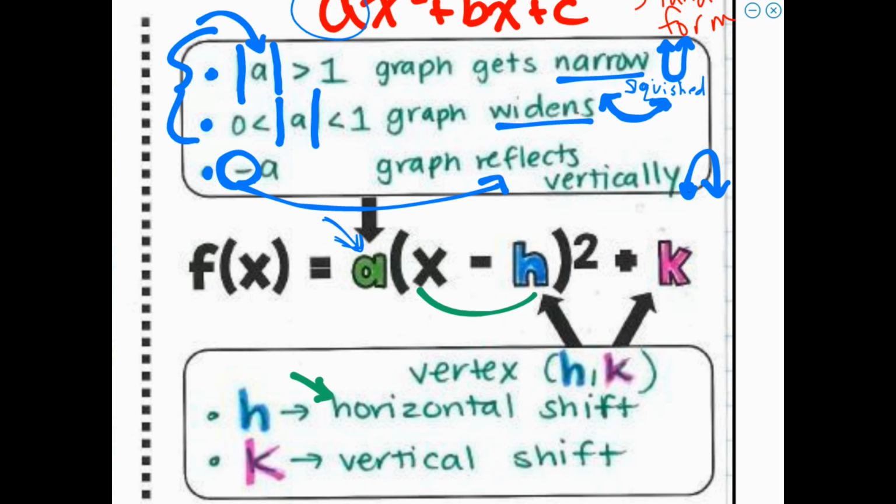It's going to tell you how it goes left and right. The k deals with the y-axis, so it's going to tell you how it goes up and down, the vertical shift.